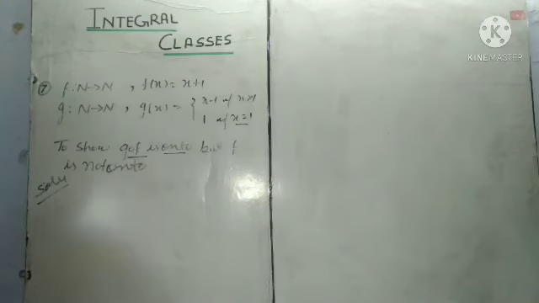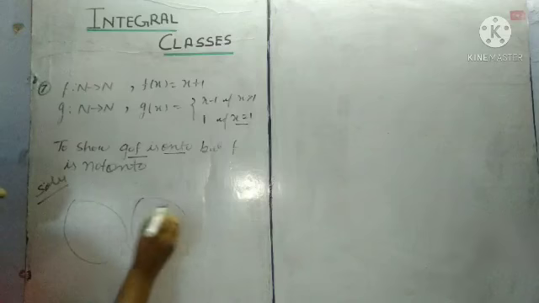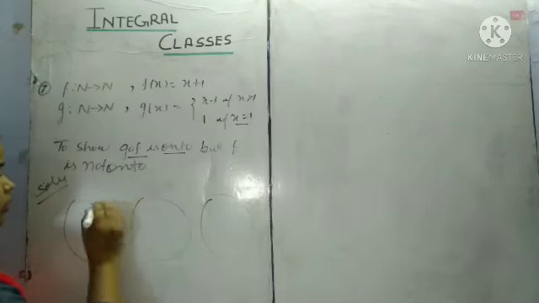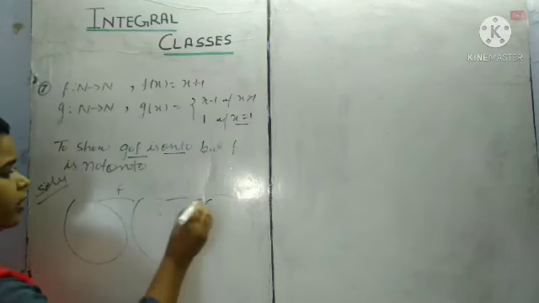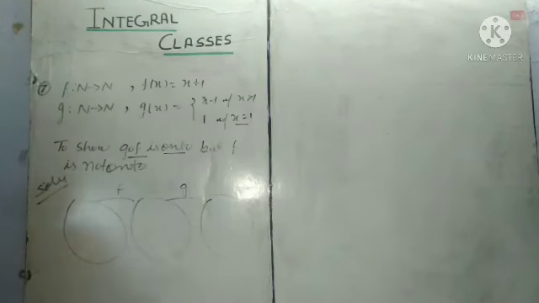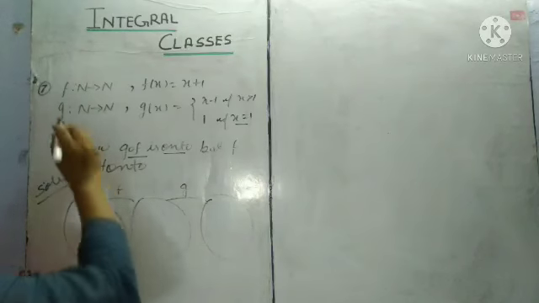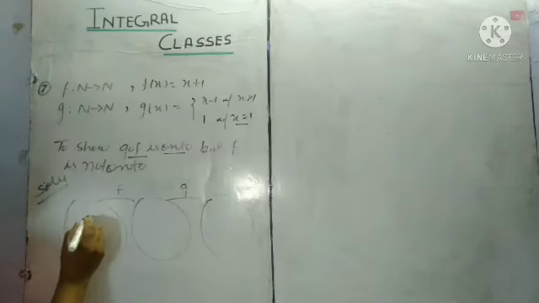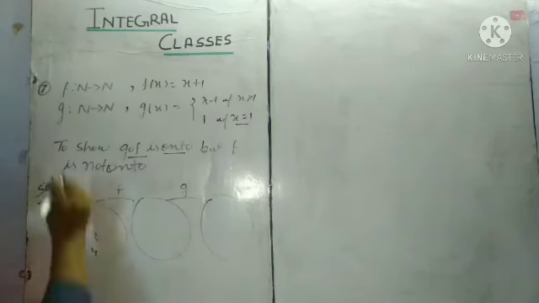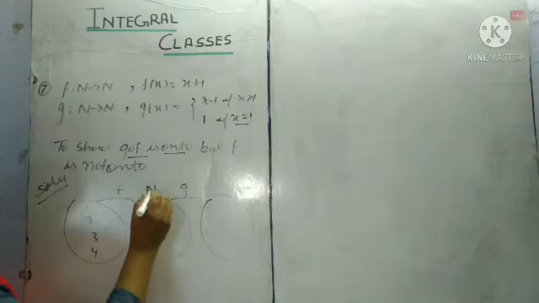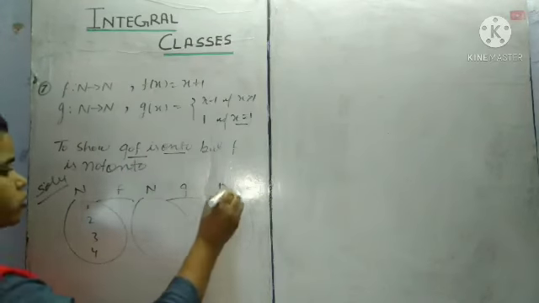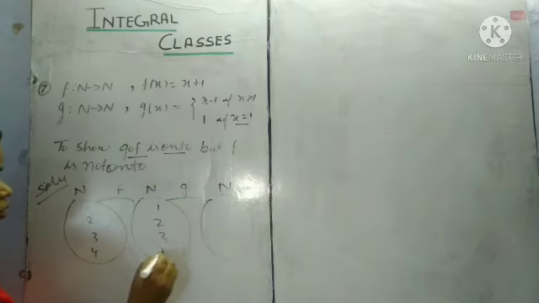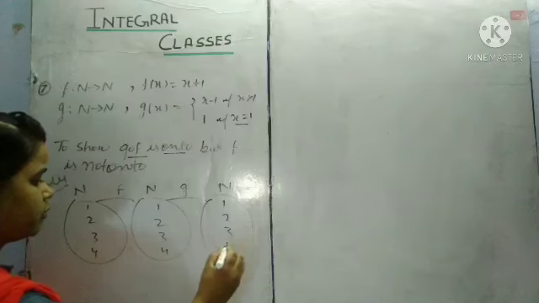So student, by mapping, first we will draw here. It is f and it is g. Now as you know, f is defined N to N, 1 2 3 4, and g is also defined N to N. So we will consider here the numbers.